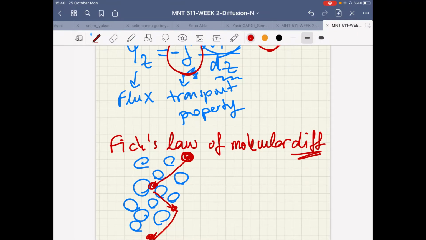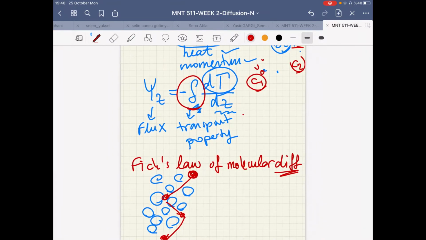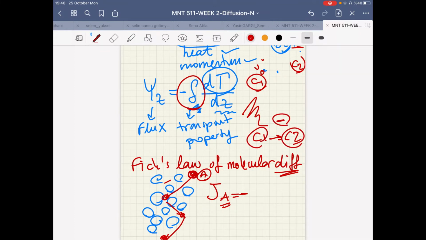And when we look at this equation here, this is the most general form for molecular diffusion. The flux of A, this is my molecule A, trying to diffuse through B, is minus because it's always traveling from a high concentration to a low concentration, and it's always C2 minus C1, so it always becomes a negative term.